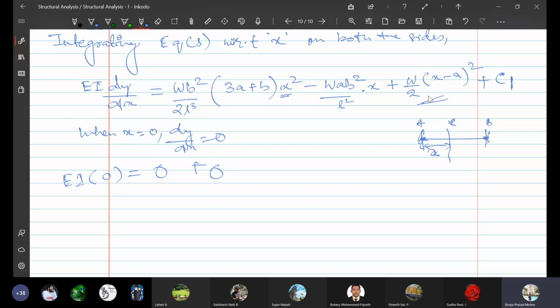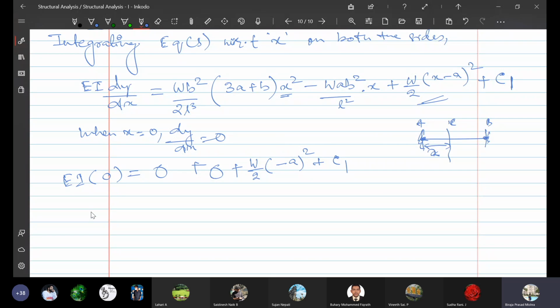W by 2 minus W by 2 a square. If x is equal to 0, minus a square will remain. So plus C1.